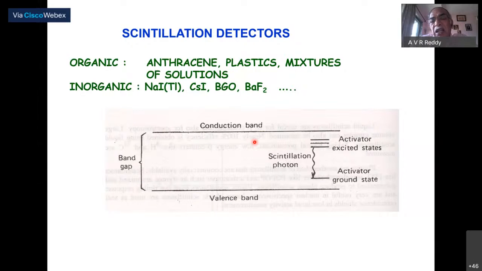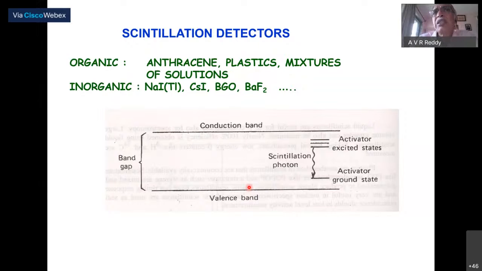Exciton is the signal. When this excited state de-excites, then a photon will be emitted. And this photon corresponds to the UV region. Most of the photomultiplier tubes in those days were not compatible with the UV region.